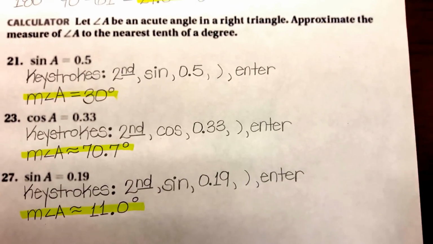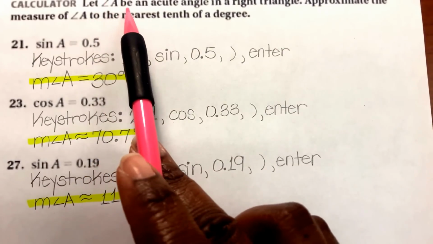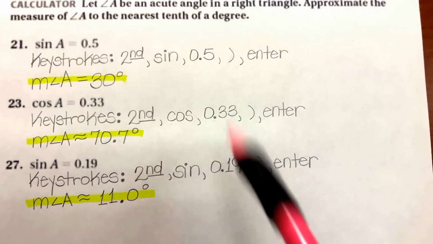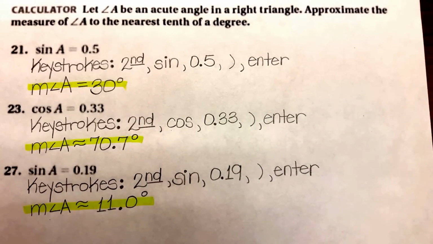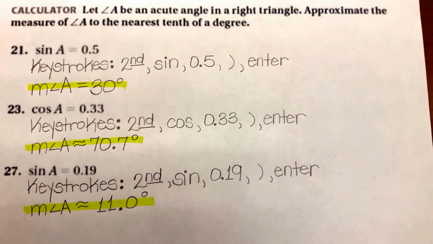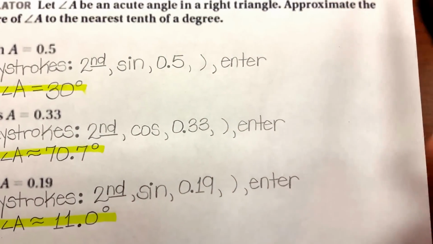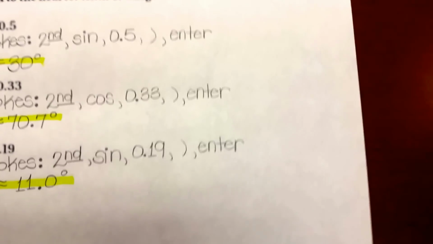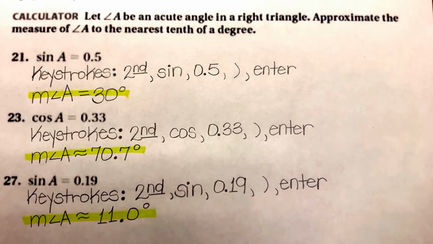Last little part, very easy, because it's just all calculator. It says let angle A be an acute angle. Now, what is an acute angle again? We know an acute angle is an angle that's less than 90 degrees in a right triangle. So if we know this already, we know that whatever our answers are going to be, they're going to be a number less than 90.